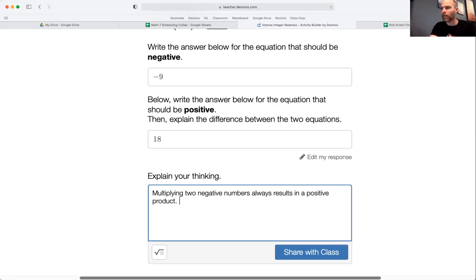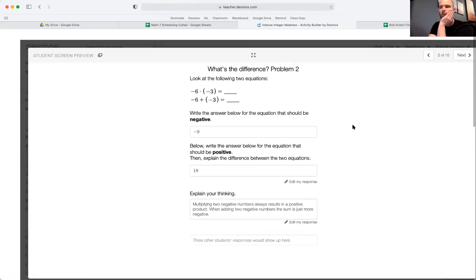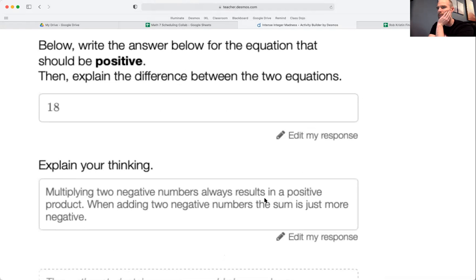And then when adding two negative numbers, the sum, right, the number you get when you add two numbers, is just more negative. Cool. I'll put that big back on the screen in case you're copying it. There you go.